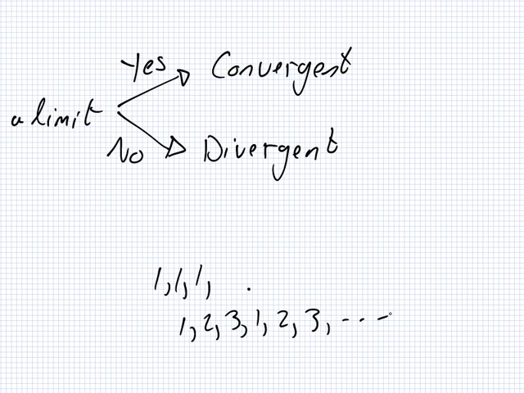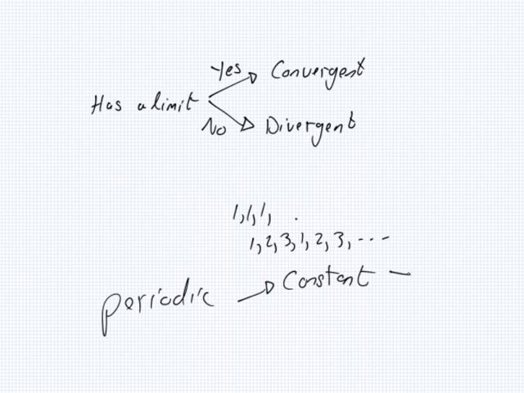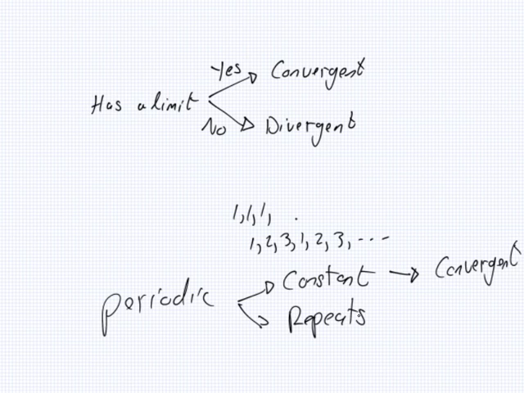So if we have something which is periodic, if it's constant, then that means it's convergent. And if it repeats, that means it's divergent. Got that?